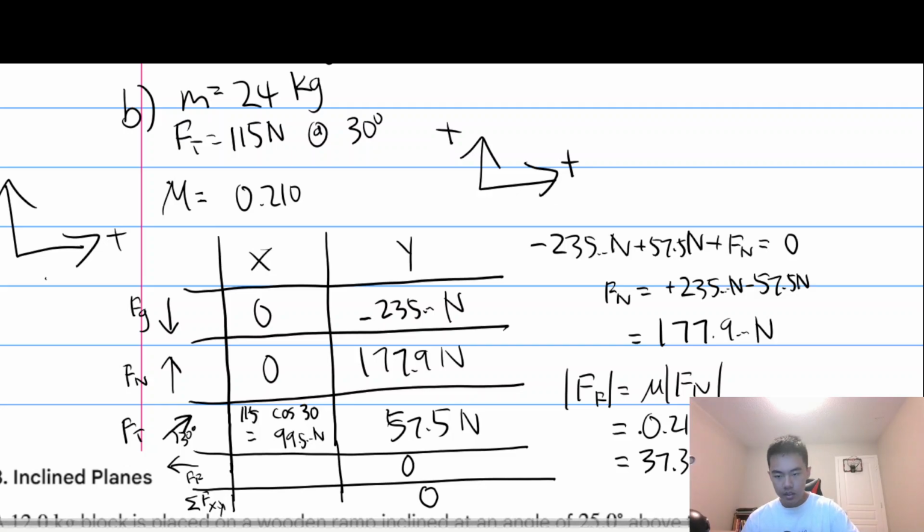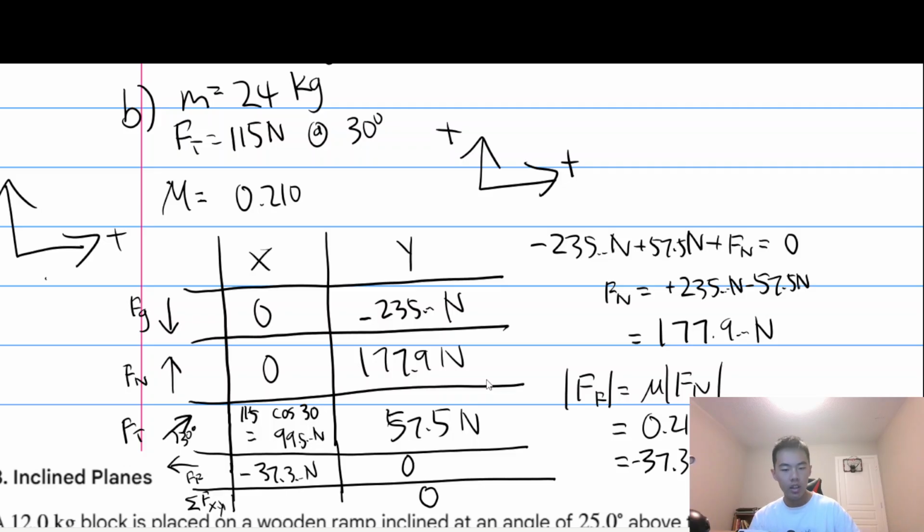Voila. And this is also negative because we can use our brains here and see that friction is going in the opposite direction. So this is negative 37.3 newtons. Always make sure to get your signs correct, because if you don't, that could be problematic.